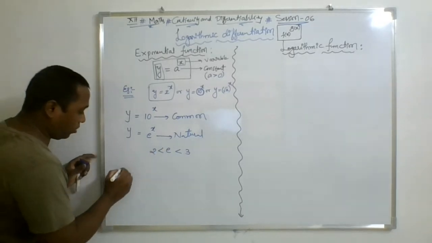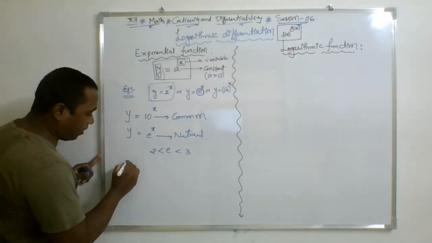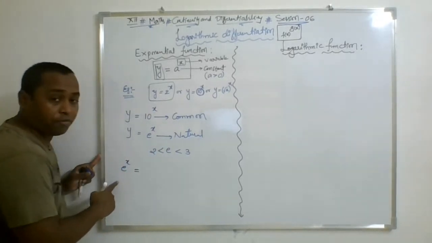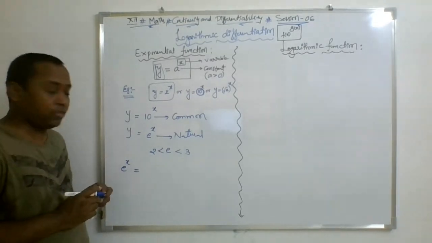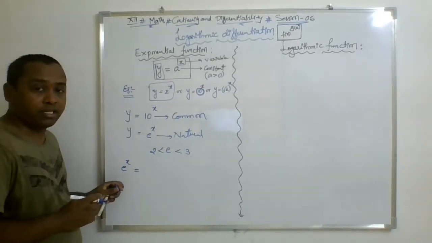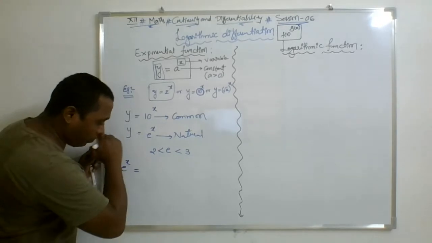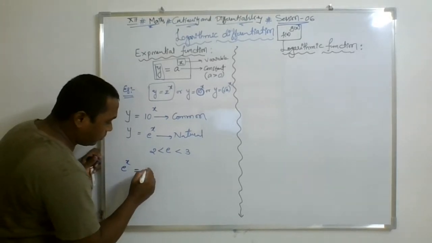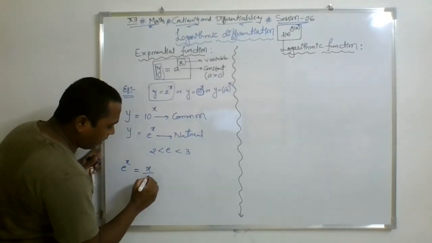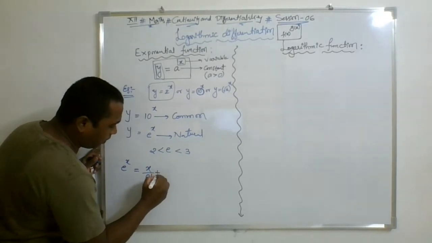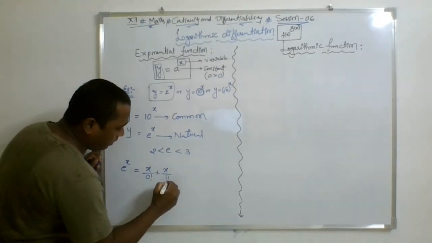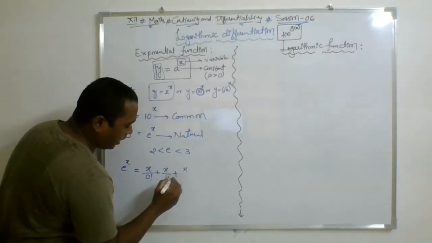You know that the Euler number is obtained from the infinite series of e to the power x, which was already discussed in 11th standard. That is, e to the x equals x upon 0 factorial plus x upon 1 factorial, right?